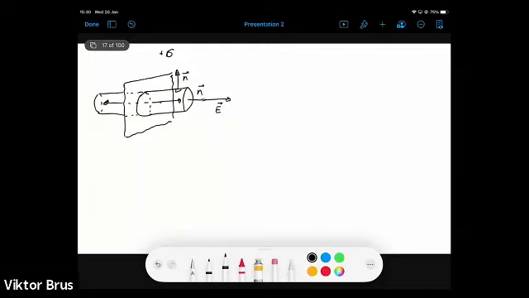So we consider only these edge surfaces of the cylinder.